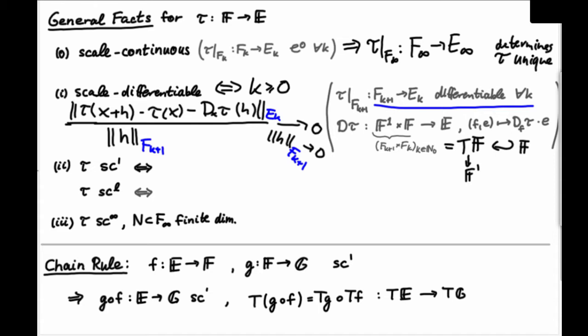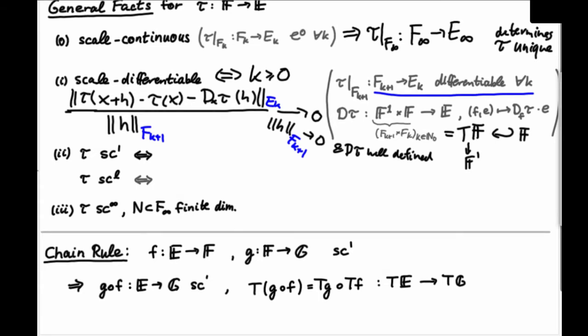So equivalence would just mean this, and this d tau needs to be well defined as a map. Once you have that map, you can convince yourself whether or not it actually maps certain spaces to certain spaces.